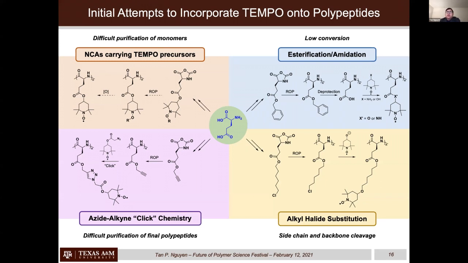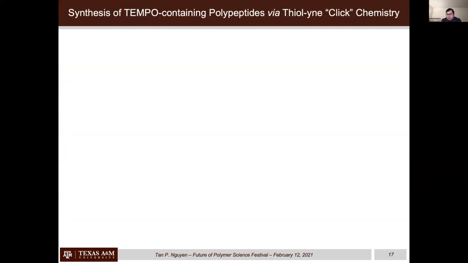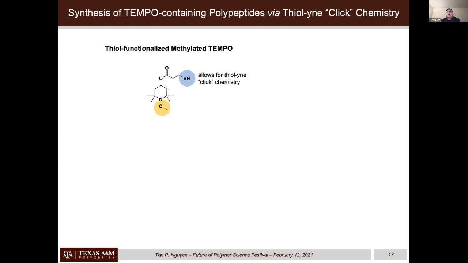and it was at first a challenge to bring the TEMPO moieties onto the polypeptides due to difficulty in purification, low conversion, and side reactions. So we ended up synthesizing thiol-functionalized methylated TEMPO precursors, with the thiol functional group allowing thiol click chemistry to happen, and the methoxy group acting as a protecting group to prevent thiol reduction of the nitroxide radical.